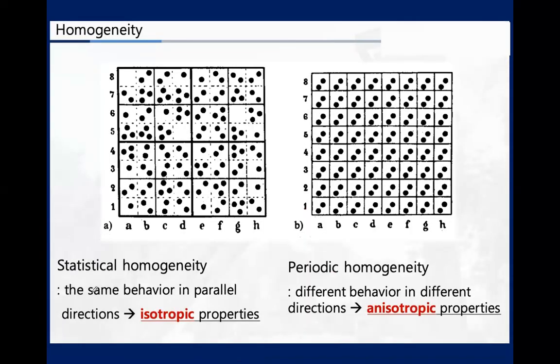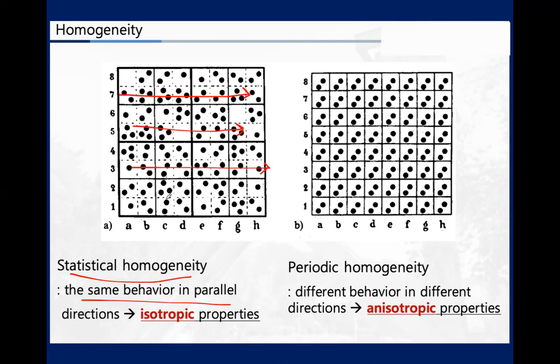According to this diagram, statistical homogeneity shows the same behavior in parallel directions, so you can have isotropic behavior.